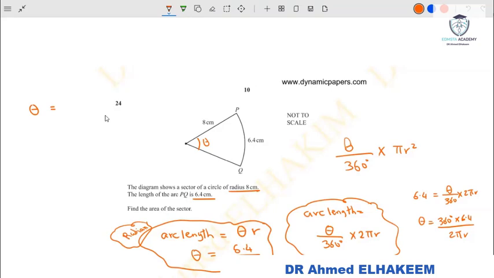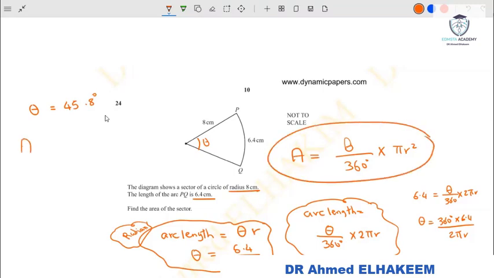It's 45.83. You will find it to be 45.8 degrees. So we will substitute here to find the area using this rule.